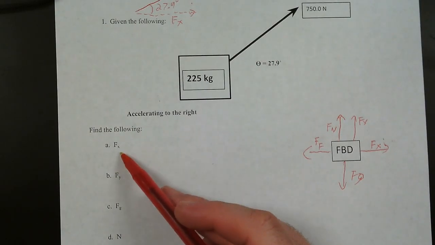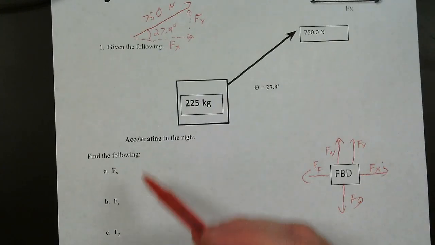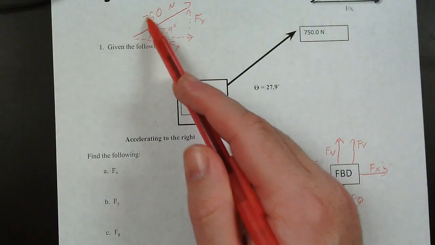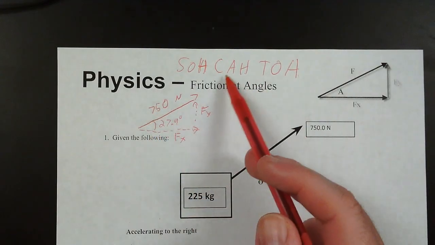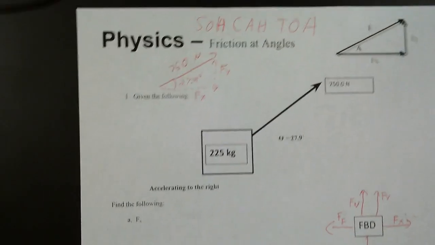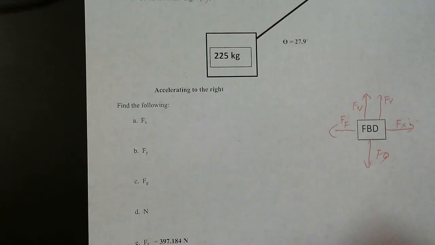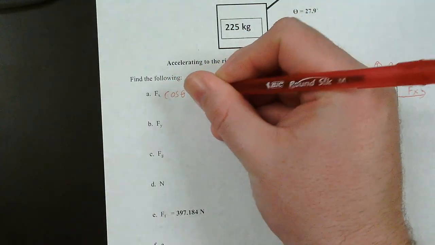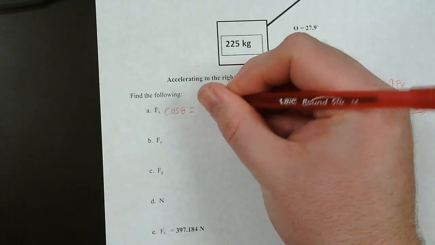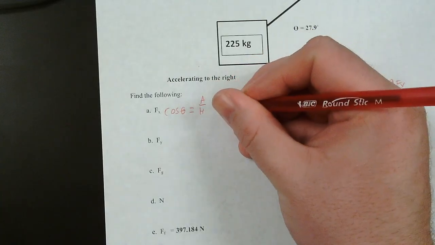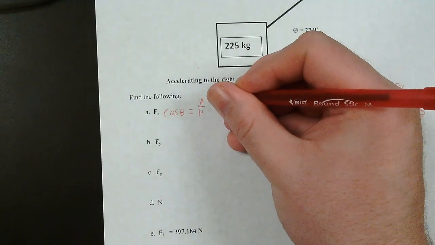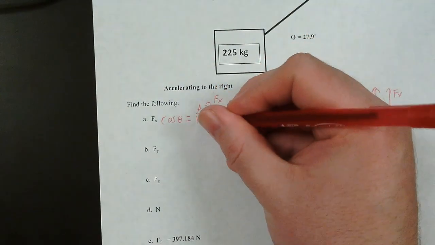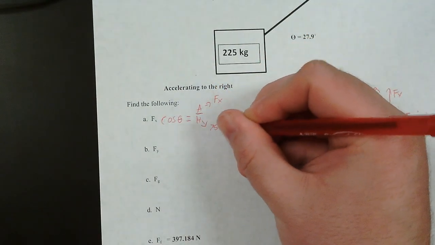In order for me to find Fx, like we were talking about earlier, that is my adjacent component. I have the adjacent and the hypotenuse, that's going to be my cosine function here. So, cosine of my angle is going to equal my adjacent over my hypotenuse, which in this case, my adjacent is Fx, my hypotenuse is 750 newtons.